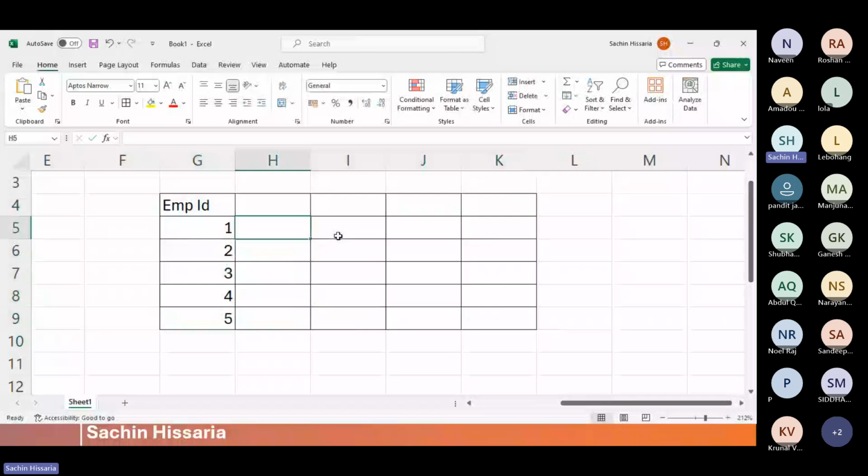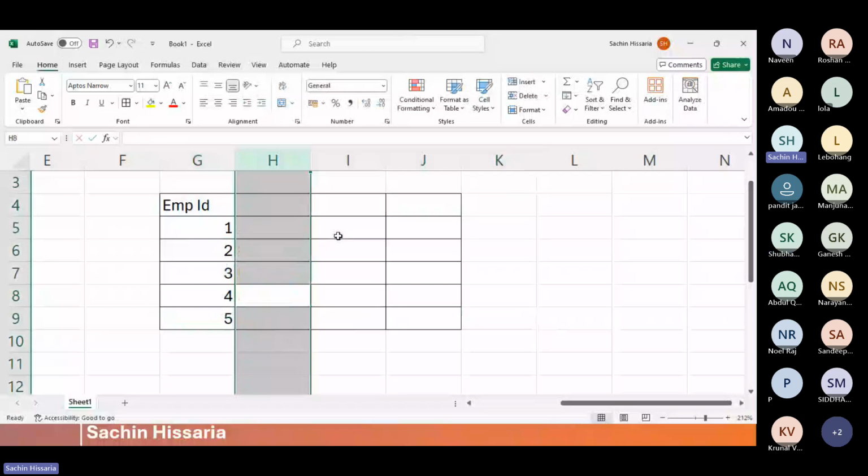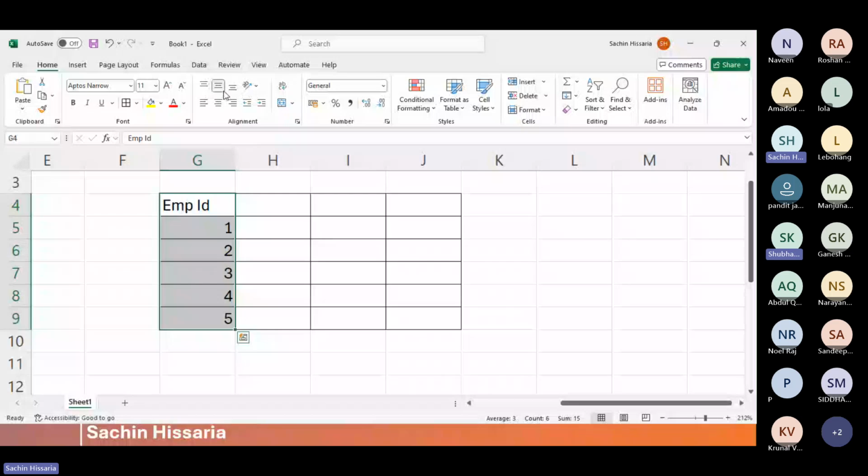For example, this is Shubham, this is Sachin, this is Roshan, this is Naveen. But in your audit report, as a matter of good practice, we never disclose the name of the employee. We just write the employee ID. Is it clear, guys? Till now? Okay, perfect.